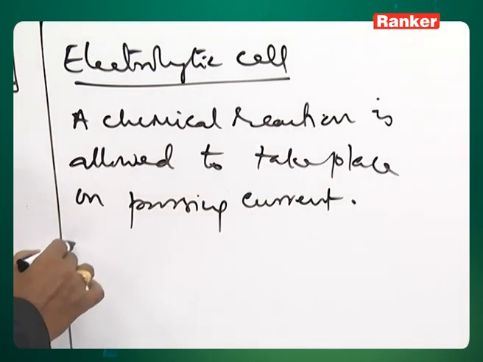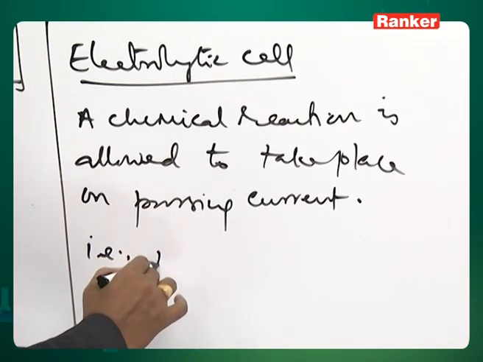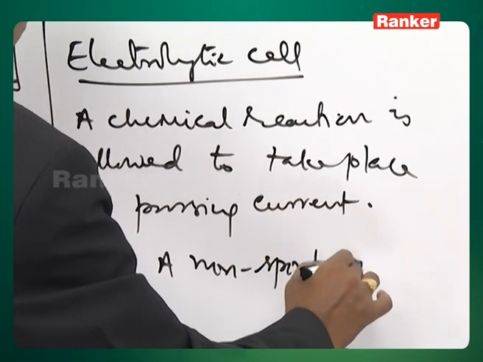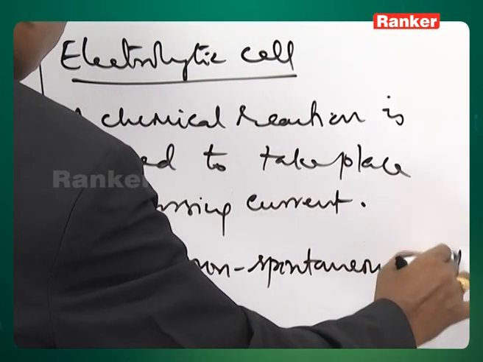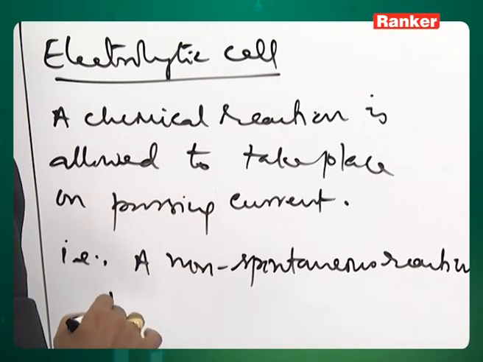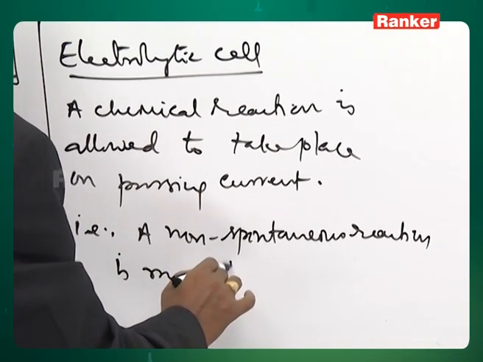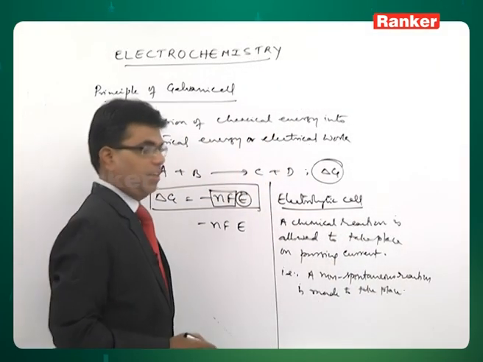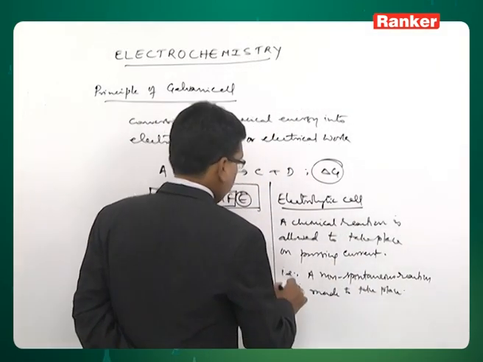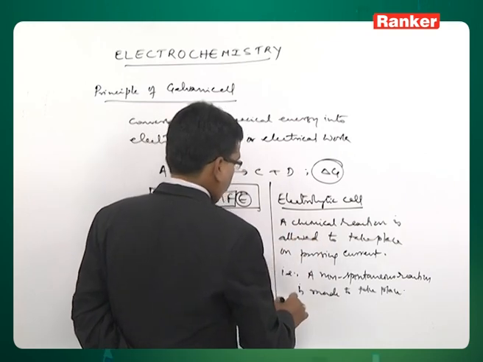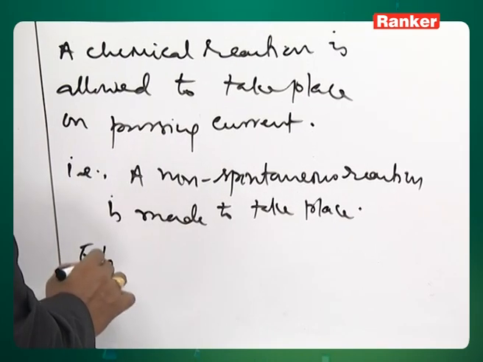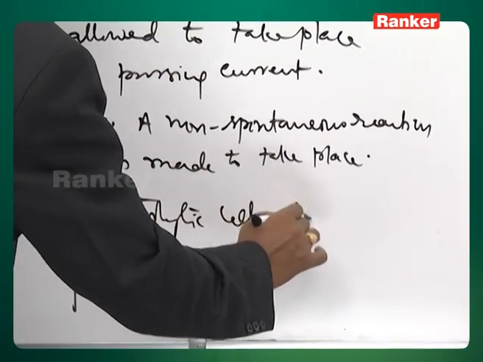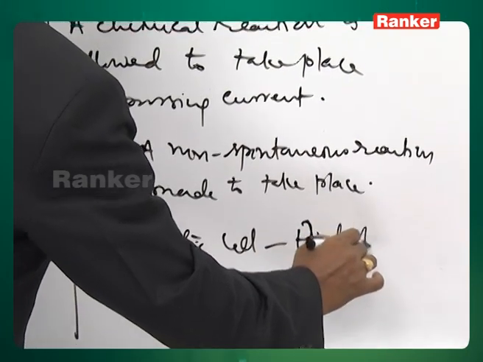So, it is a non-spontaneous reaction. A non-spontaneous reaction is made to take place on passing electric current, and the cell in which this reaction takes place with the help of a current is called an electrolytic cell, and the process involved is what is called electrolysis.